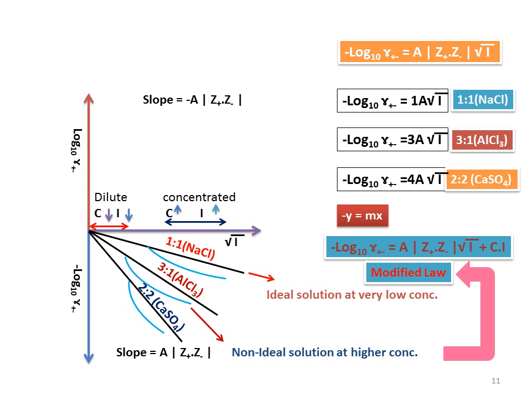A is constant, I is constant, so its value is 1A square root of I. Then below, aluminum chloride has 3 cation and 1 anion, so when we multiply 3 into 1, it comes to 3A into square root of I. Then for calcium sulfate, it is equal to 4A into square root of I.